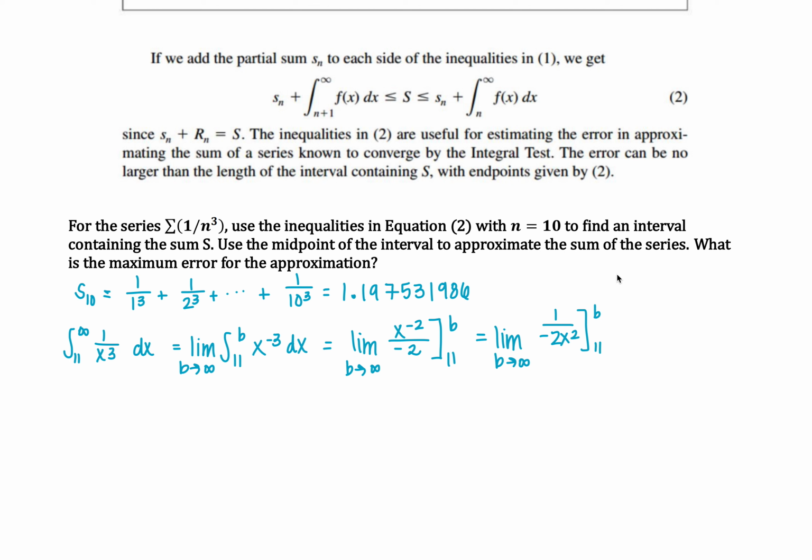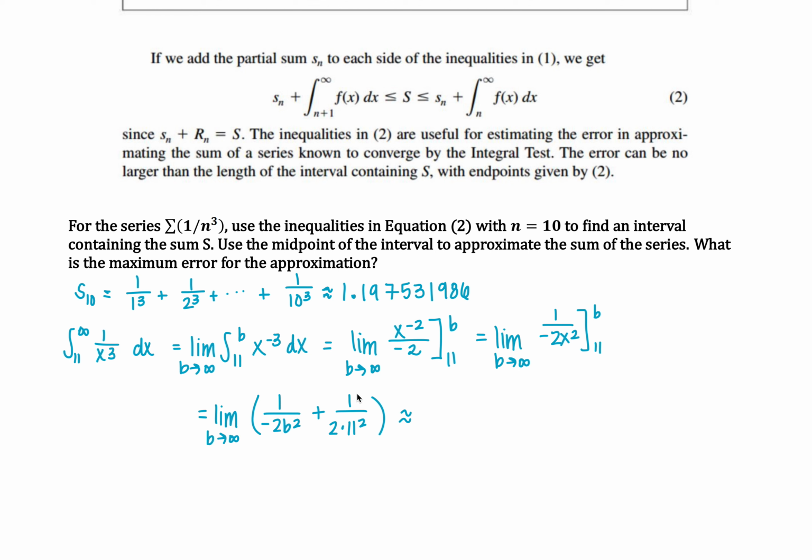So substituting in, we have 1 over negative 2b squared. Then it's going to be minus a negative, so plus 1 over 2 times 11 squared. As b goes to infinity, 1 over negative 2b squared is going to go to 0.